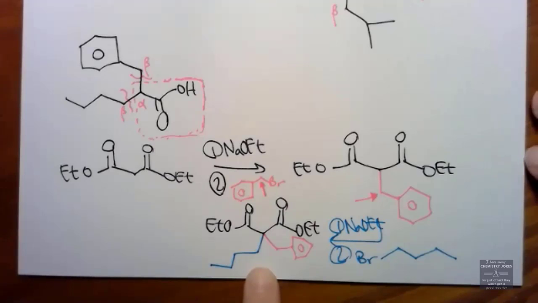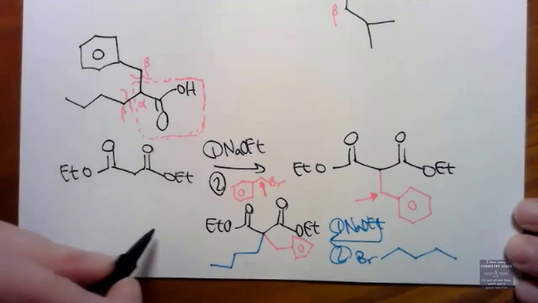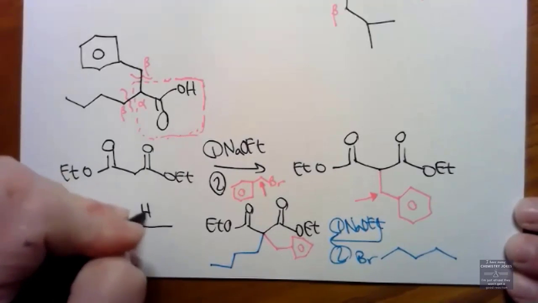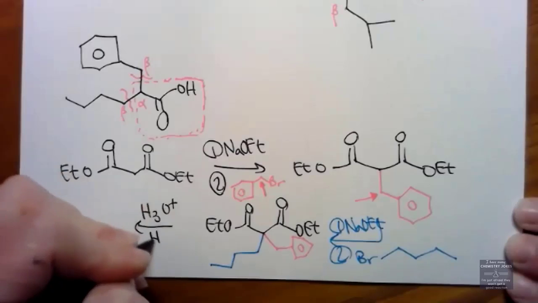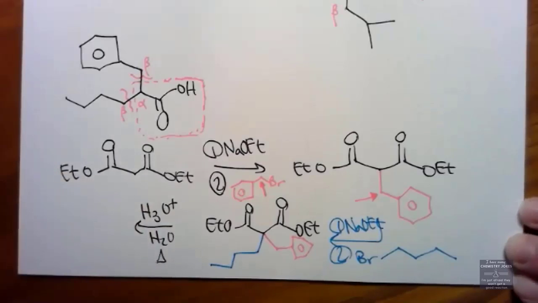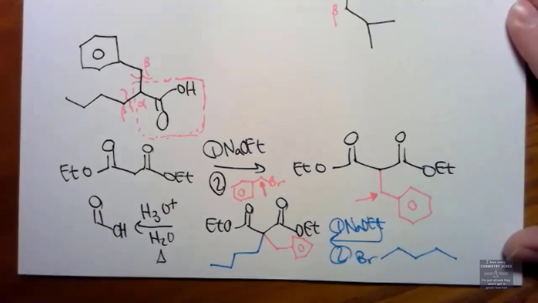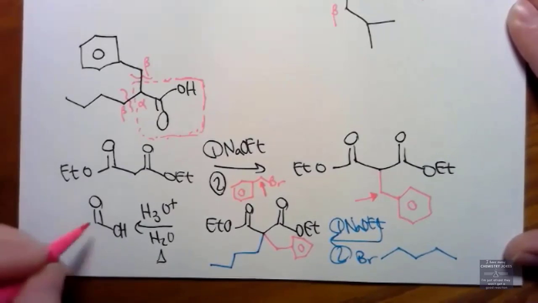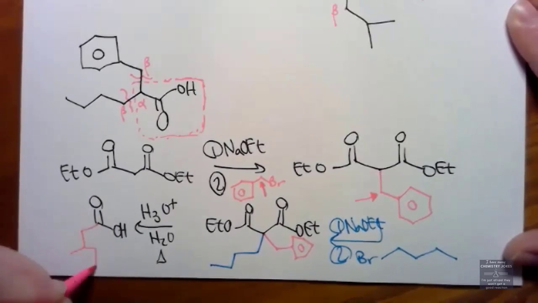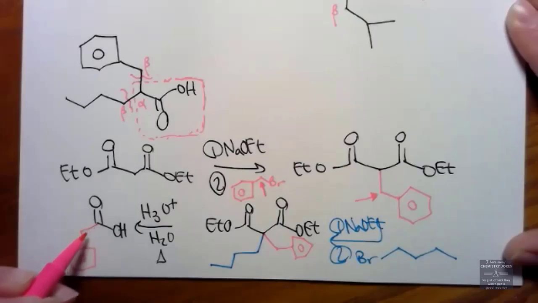Is base the only way to hydrolyze? No. In fact, if you add acid, water, and heat, acid, water, and heat can take care of turning the esters into acids, and it will leave you protonated in the end. Oops, I left off a carbon. That's what I get for trying to talk and draw at the same time.